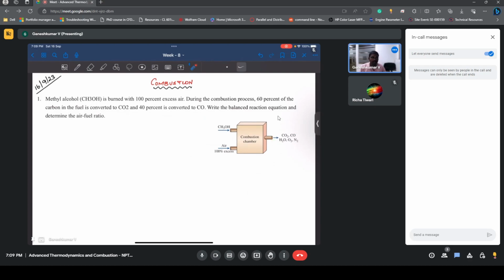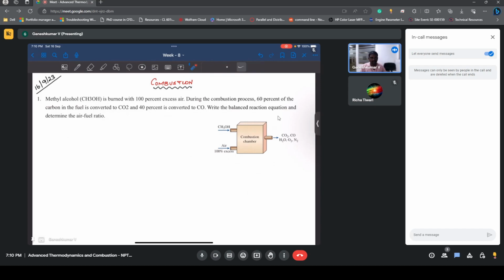You know that the ideal products for a combustion are going to be H2O and CO2, right? Since air is in excess, the excess air has to be there on the product side also, so we have O2 and N2. These are the combustion products we are considering right now.